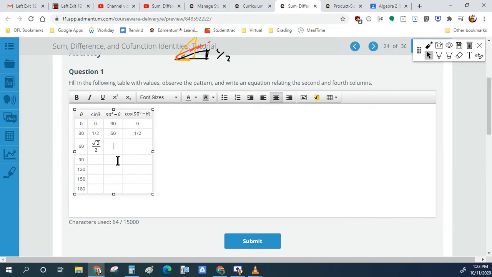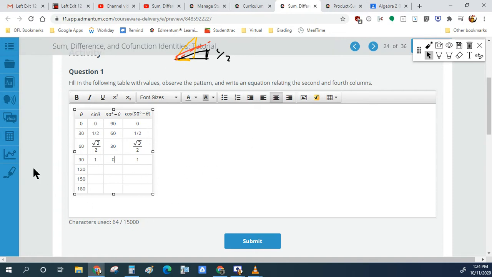All right, and then that's going to be 30, because 90 minus 60 is 30. And this is also going to be the same thing here, so I'm just going to copy this and paste it here. And like I said, you can start seeing the pattern. This is going to be 1 at sine, because sine is straight up and down. We already know this is going to be 1. And why is that? Because cosine at 0 is 1.